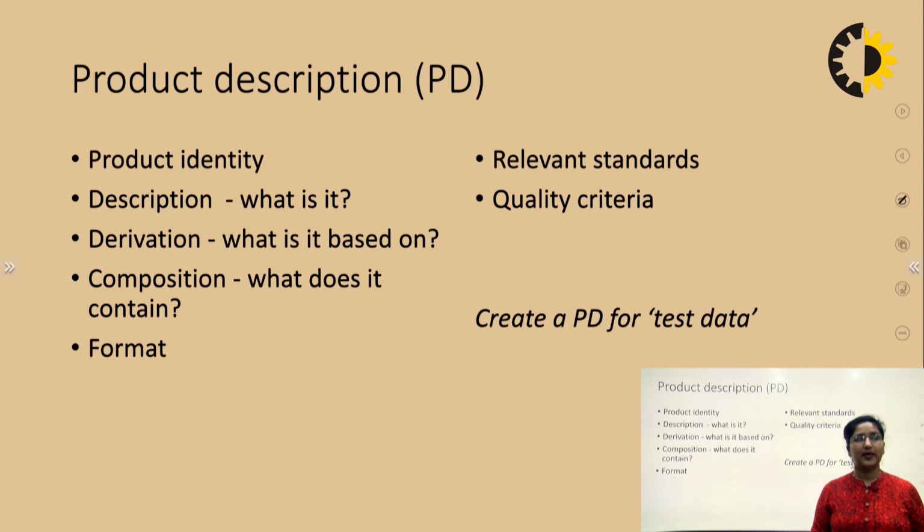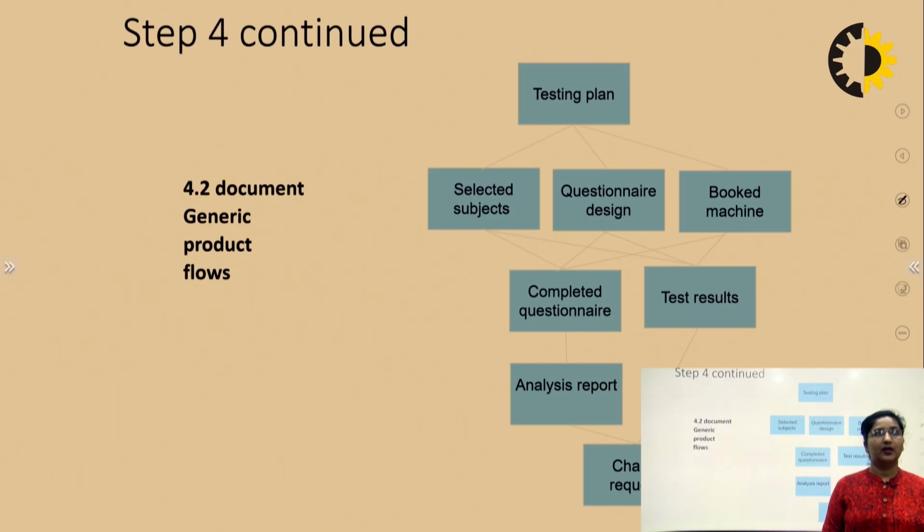A product description carries the product identity: description, what it is; derivation, what it is based on; composition, what it contains; the format of that particular product; the standards that the product is following; and the quality criteria. Now we have a document generic or the product flows.